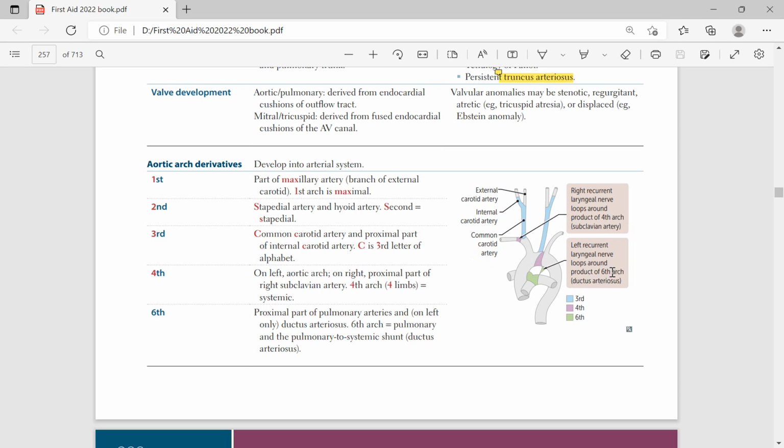And the left recurrent laryngeal nerve loops around the derivative of the sixth arch, the ductus arteriosus. The ductus arteriosus closes after birth. Okay. The recurrent laryngeal nerve supplies the intrinsic muscles of the larynx.